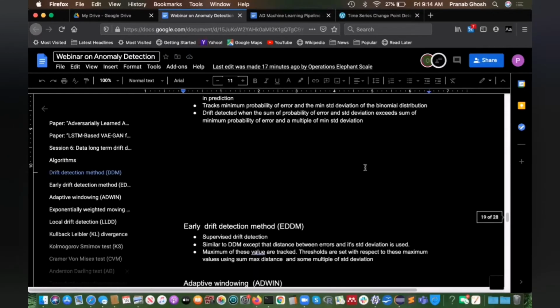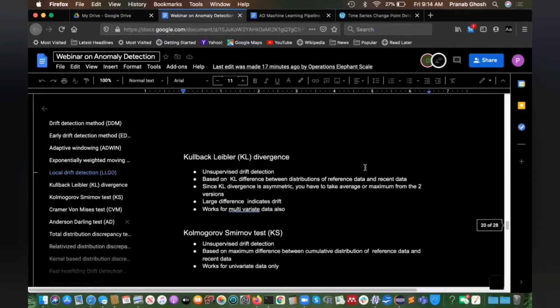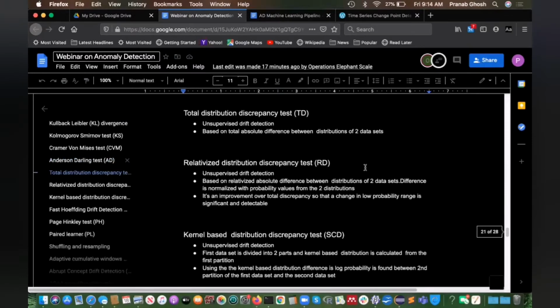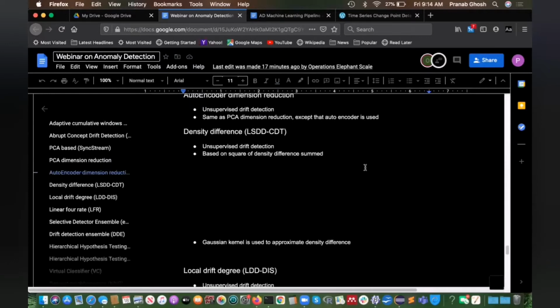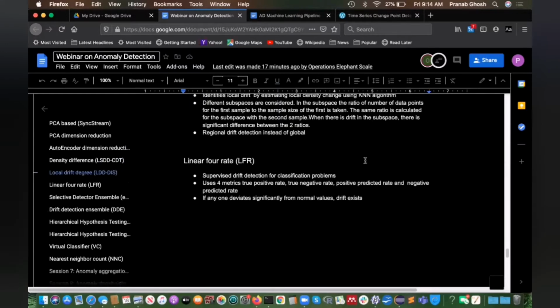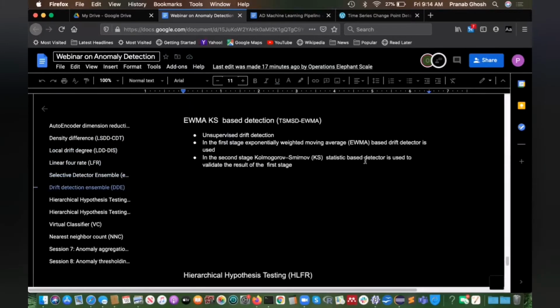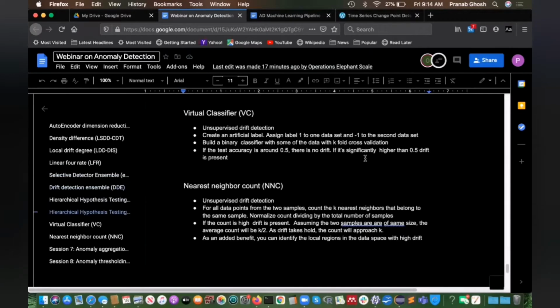By the way, most of these algorithms are cited in this excellent survey paper on concept drift detection. I provided the link at the bottom of this session.